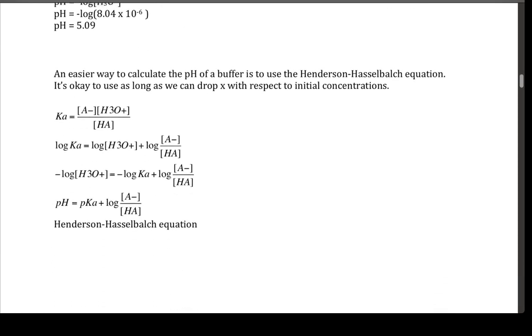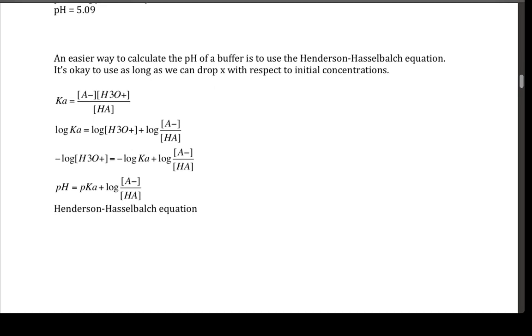Now we're introduced to the Henderson-Hasselbalch equation. An easier way to calculate the pH of a buffer is to use the Henderson-Hasselbalch equation. Kind of a big name for an equation that's very simple to use. It's okay to use as long as we can drop x with respect to the initial concentrations, and as long as we have a buffer, meaning we have amounts of both HA and A minus.